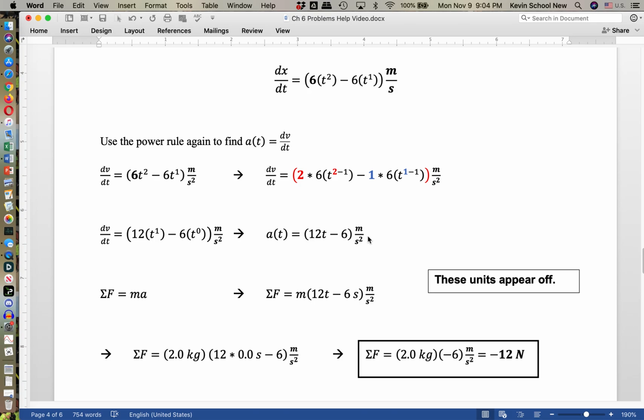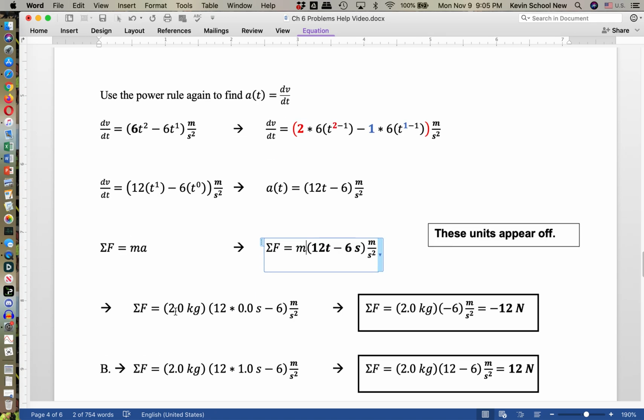Now that I have an acceleration equation, I can use F equals ma. So net force equals m times a. I have an equation for a to replace it with, so I plug in the thing I just found, 12t minus 6. I've got a mass that was given to me at the start, which was 2 kilograms.